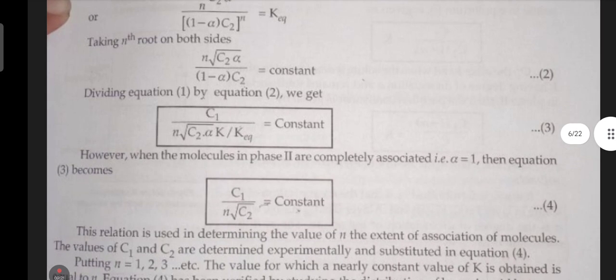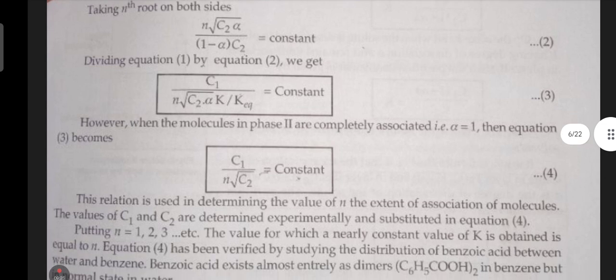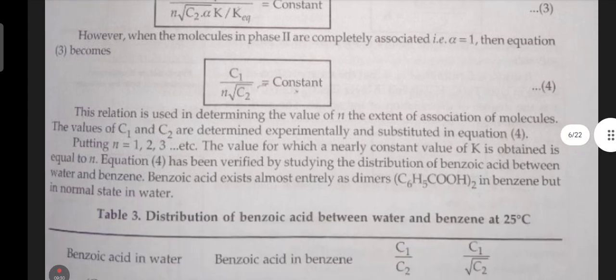By dividing and further solving these equations, we will get C1 upon n-th root of C2 is equal to constant. This relation is used to determine the value of n, the extent of association of molecules. The values of C1 and C2 are determined experimentally and substituted in the equation. Put n is equal to 1, 2, 3 and so on. The value of n for which a nearly constant value of K is obtained is equal to n.